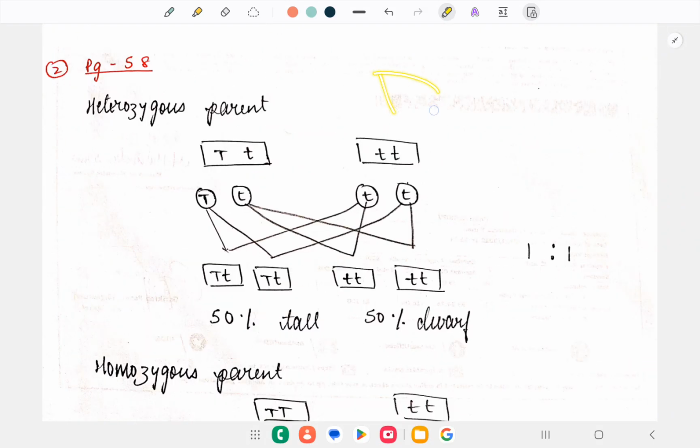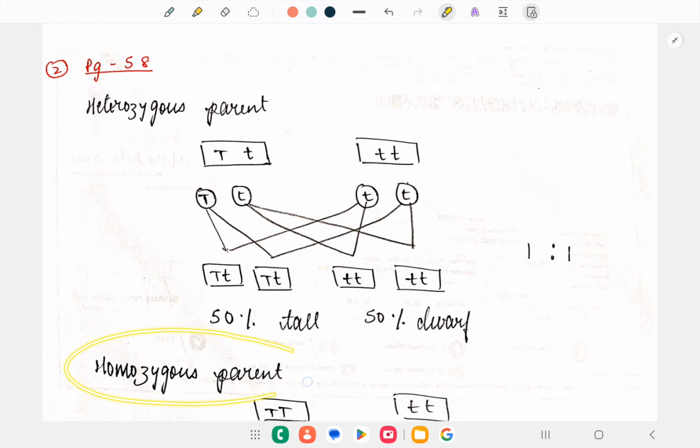When we see dominant features, it can either be heterozygous or homozygous. So what we need to find out is whether our parent is a heterozygous parent or a homozygous parent. So if we cross a heterozygous tall parent with a homozygous dwarf parent, then what will happen?